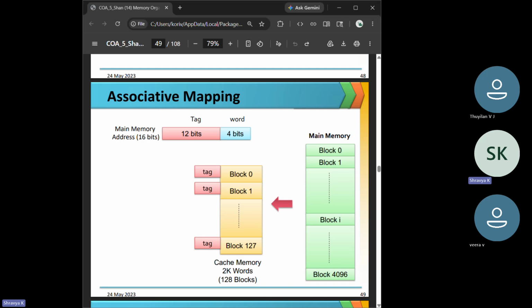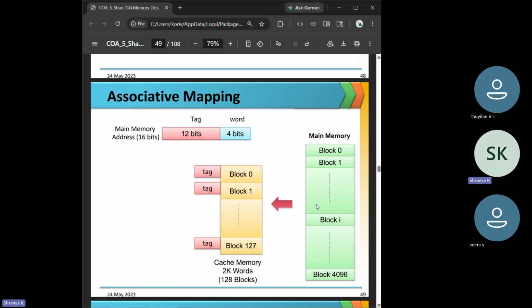We look at the block size, 16, and say it's 2 power 4 words. So we need 4 bits to identify which word it is internally within a block, and then the rest of the tag bits can be used to identify which block it is from the main memory, right?